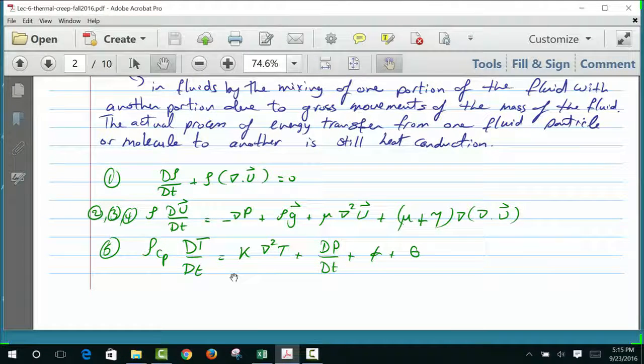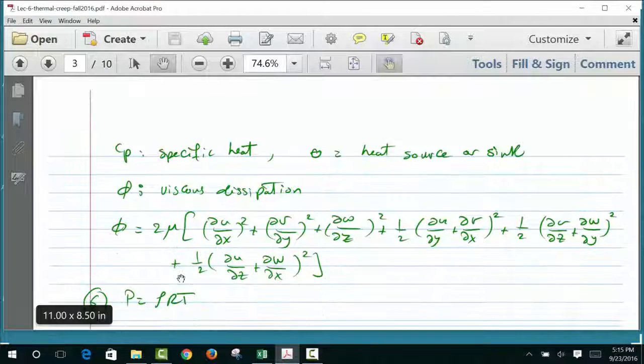What do you need to do? You have to integrate between the two walls and apply boundary conditions. So we need boundary conditions for the temperature too, right?